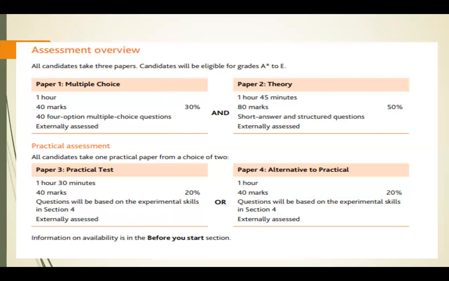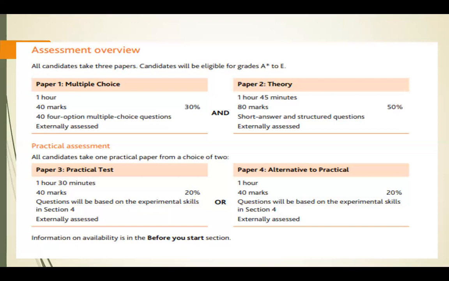Then paper two is your theory paper. The theory paper consists of 80 marks and has a total of 1 hour 45 minutes. In this time, you will be answering short structured questions.